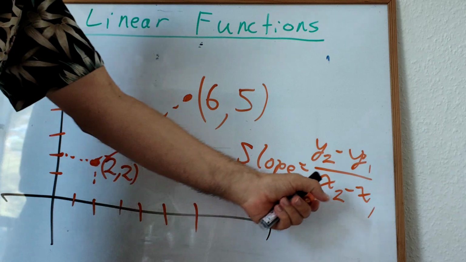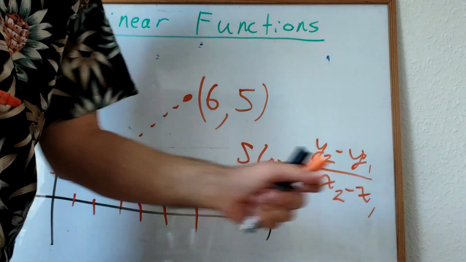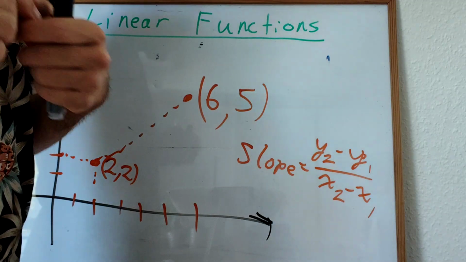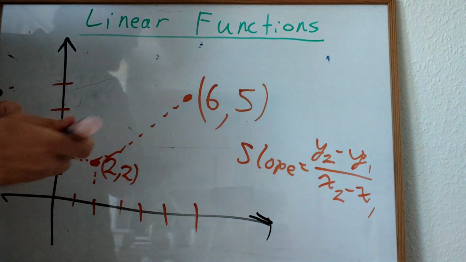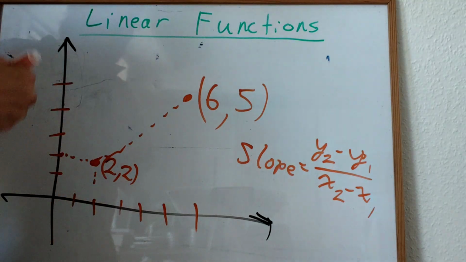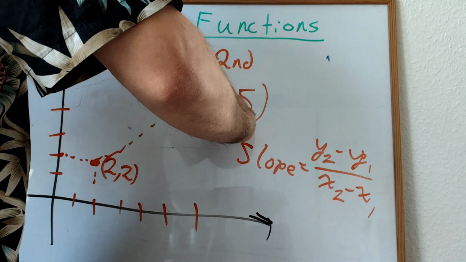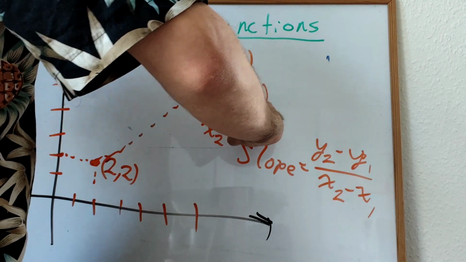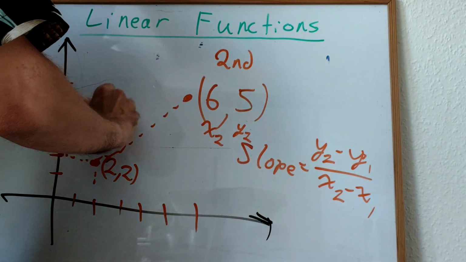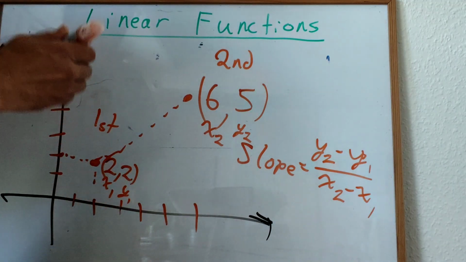Notice how I'm saying x2, y2, x1, y1. The reason I'm doing that is because each of these two coordinates has an x, but they also have a y. I could call this maybe my second point. Then this will be my x2, and this will be my y2. This would then be my first point, and I can call this my x1, and this can be my y1.